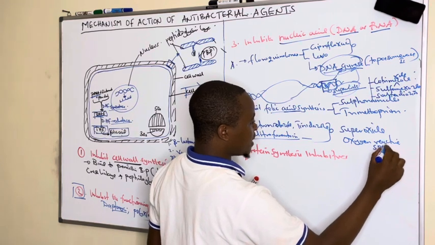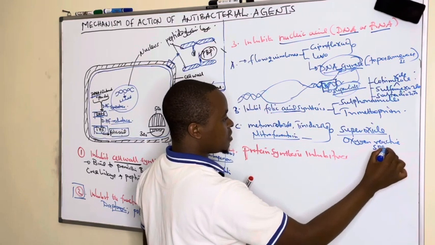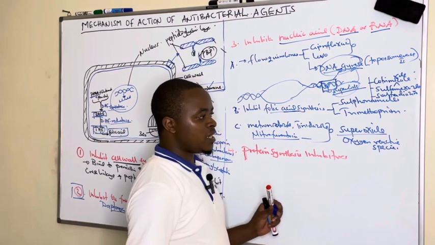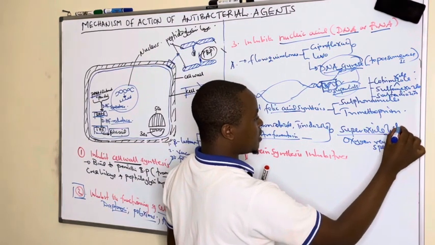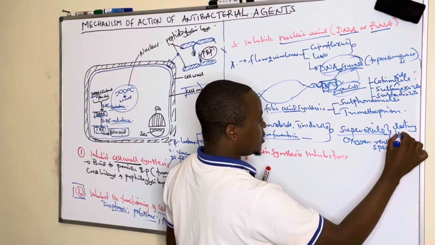These are peroxides that bring about the formation of free radicals, which destroy the DNA. So these peroxides are the ones that destroy the DNA.